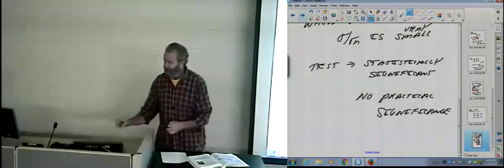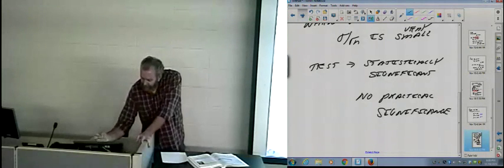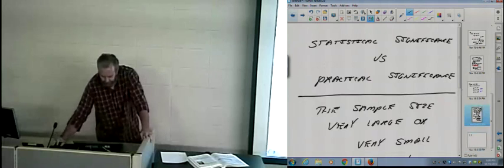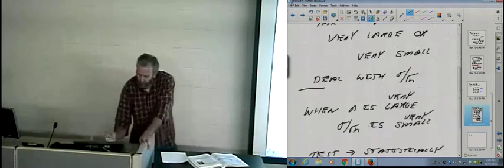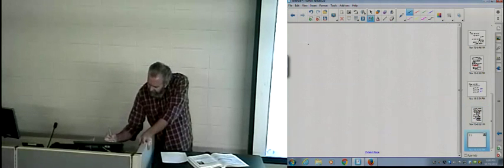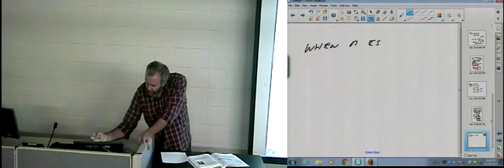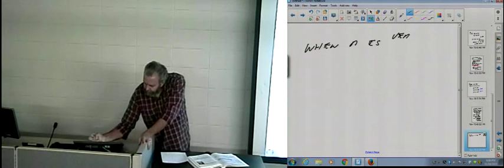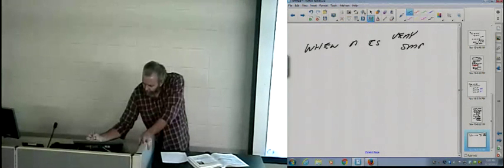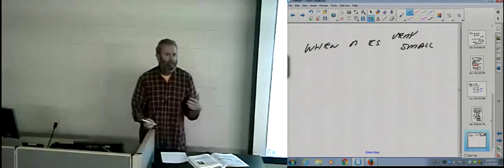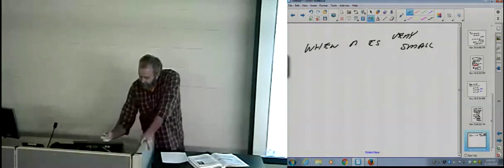The flip side to this is, how did I write that one? When n is very small, like 2, 3, 4, something like that.